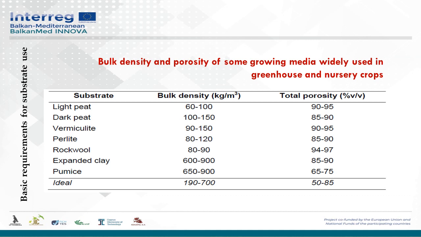And this is a summary of some basic characteristics, specifically of the bulk density and porosity of main inorganic substrates, and you can see that there is here a variation of both characteristics, but especially of the bulk density, which is indeed a bit high in case of the expanded clay and pumice, and much less in case of peat, vermiculite, perlite, and rockwool.